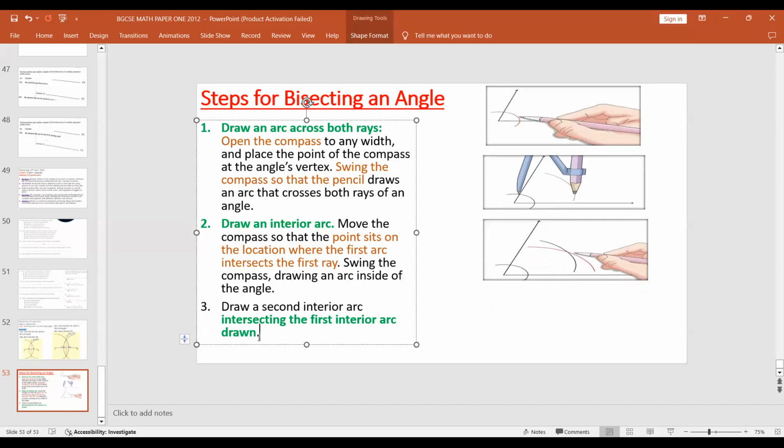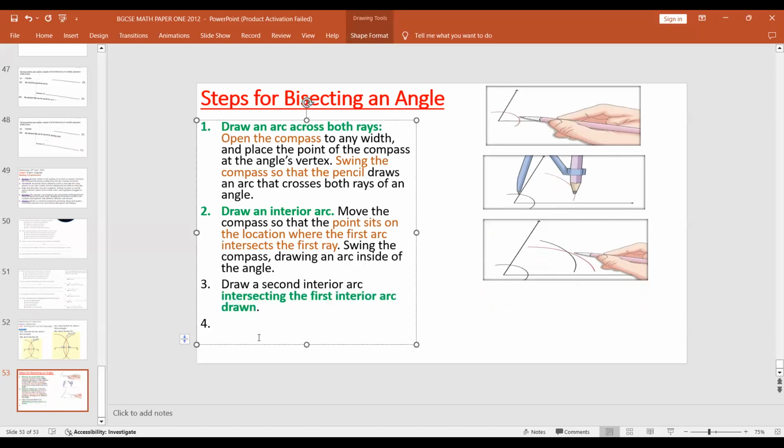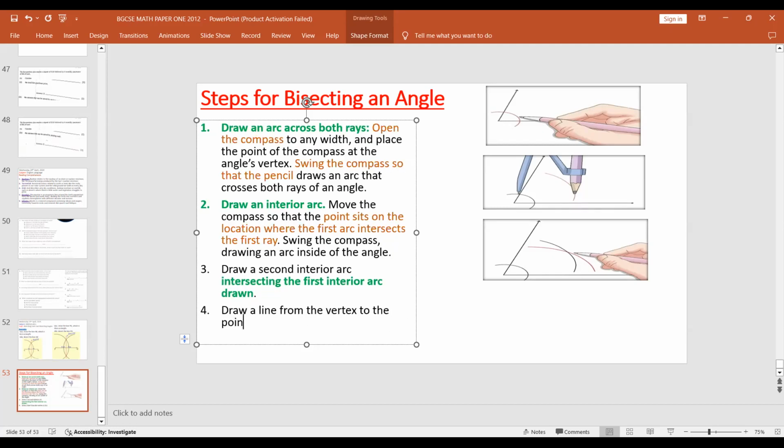All right, and then the fourth step is that you want to draw a line from the vertex to the point where the arcs intersect.